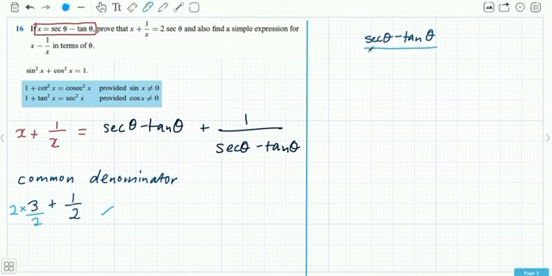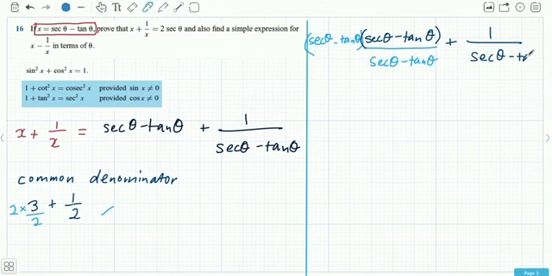Take that denominator, which is sec theta minus tan theta, underneath, and then also put that out the front as well. I'm going to put brackets around it, and I'm also going to put brackets around this too, so we don't lose track. And then we've still got plus 1 over sec theta minus tan theta.